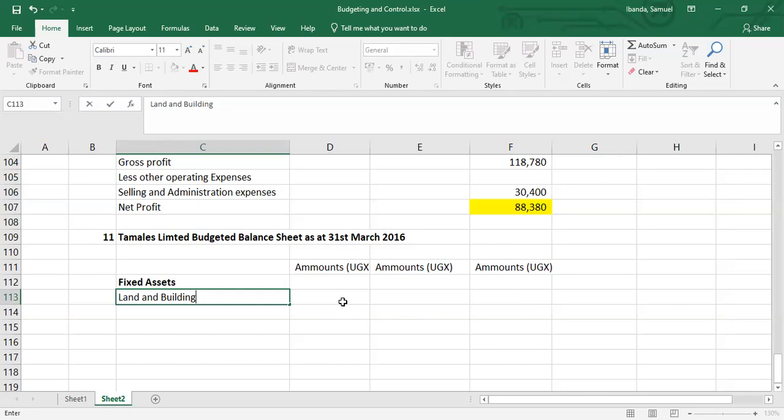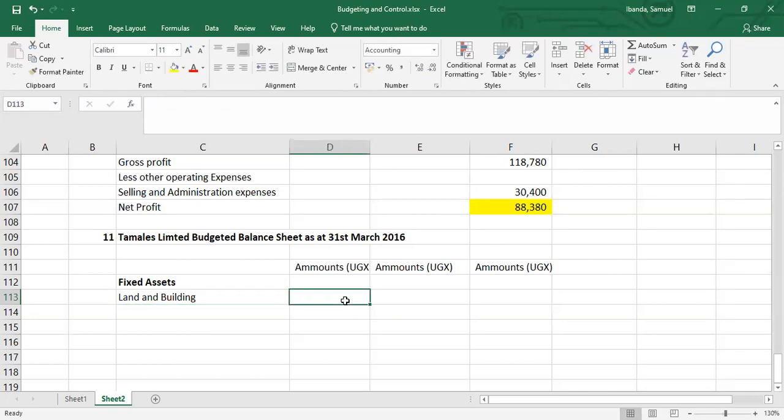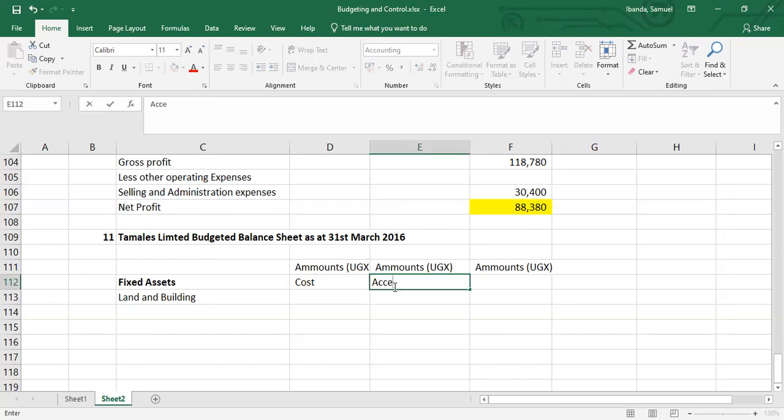You know very well that when we are calculating fixed assets, we have the cost, and then we have the accumulated depreciation, and then we have the net book value.